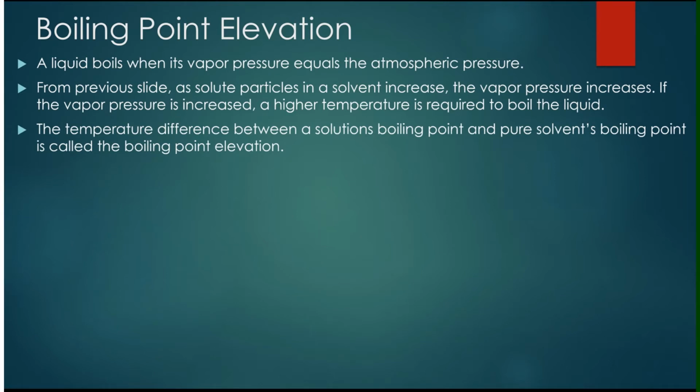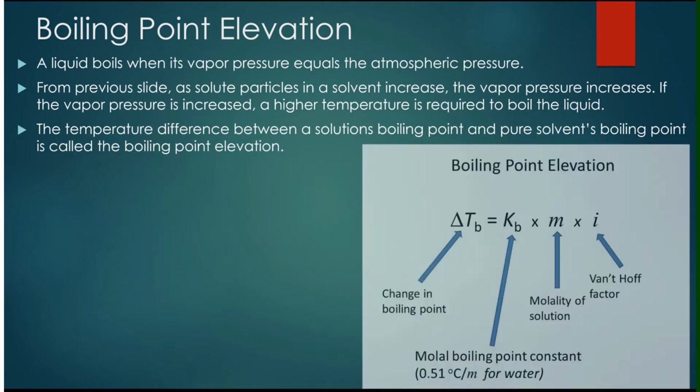This means that our boiling point is going to have to be higher. It's getting harder and harder for the water to turn into vapor. So it's going to take more and more energy to vaporize it. So you're going to increase the boiling point.